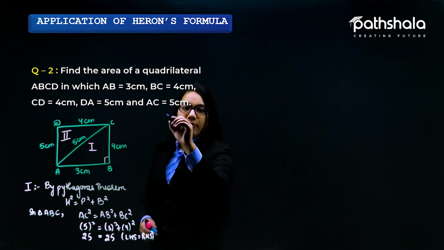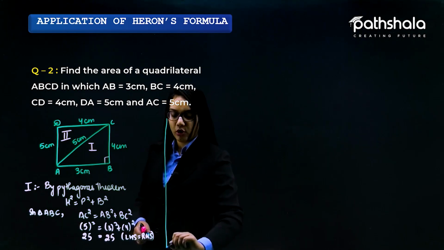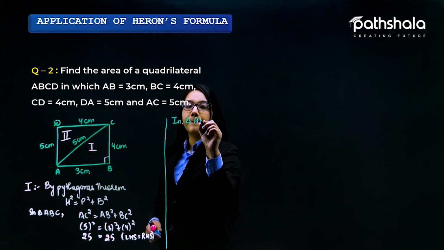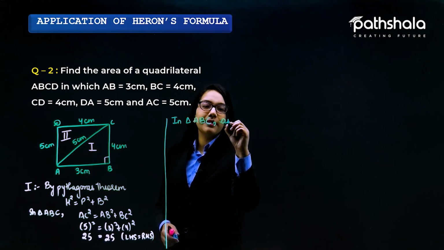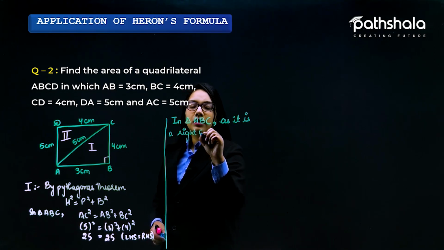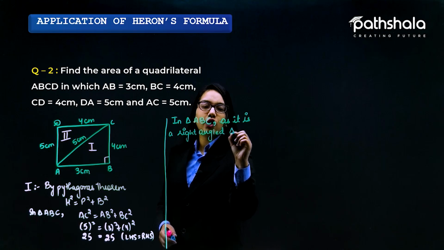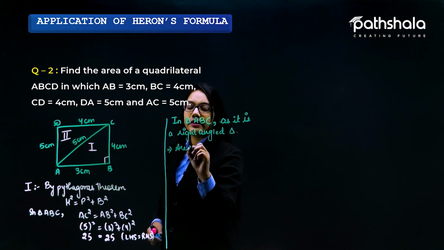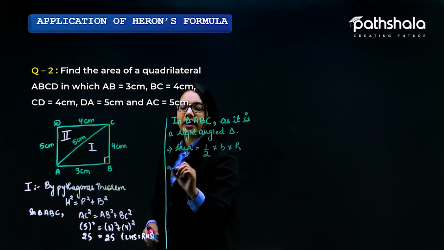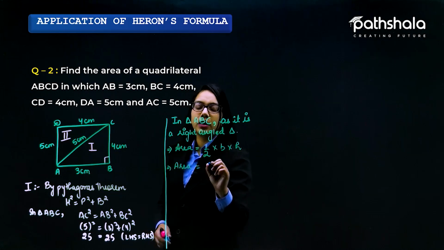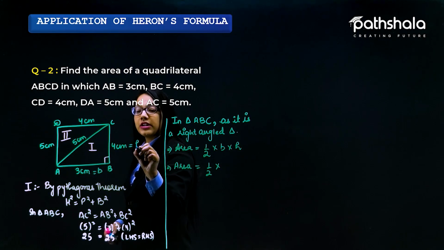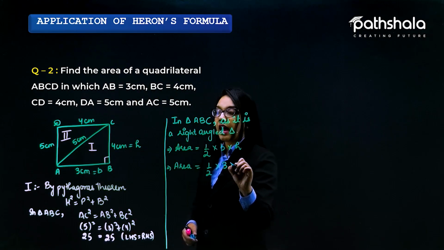Let us find the area of this triangle using that formula. As the triangle ABC is a right angled triangle, the area is half into base into height, in which I'm taking this as the base and this as the height. So the base is 3 and the height is 4.